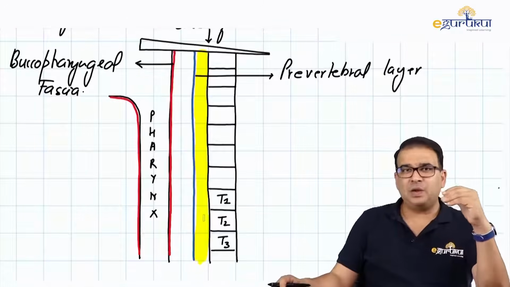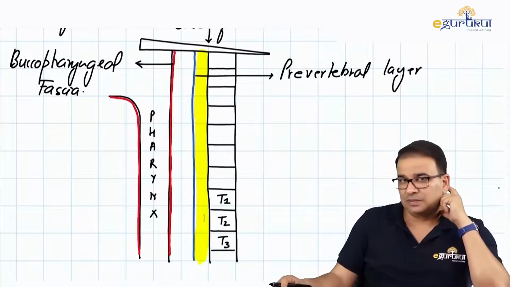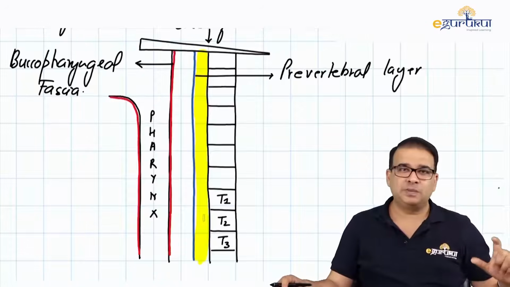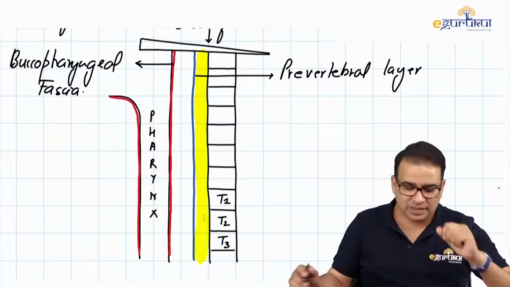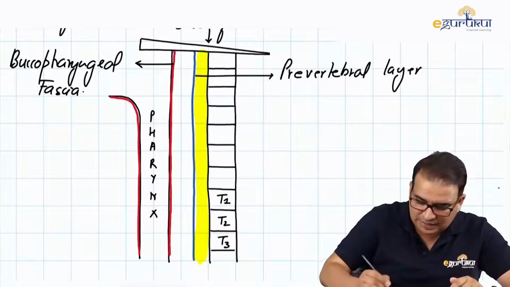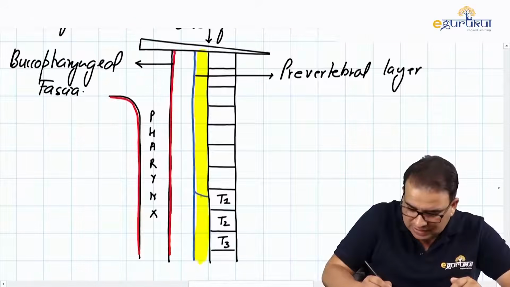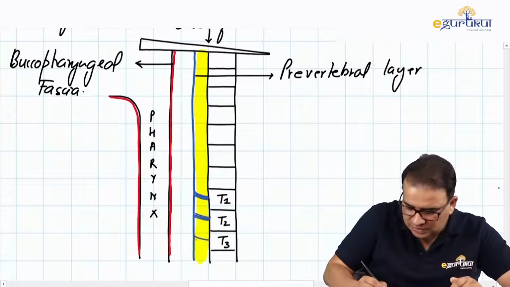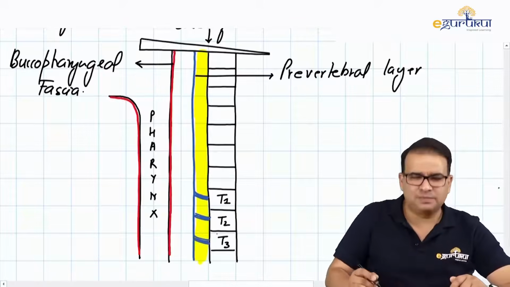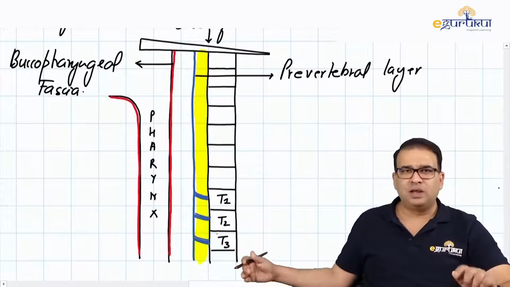But the point is, this prevertebral space of the cervical region is separated from the prevertebral space of the thoracic region. Reason: the prevertebral fascia gives off some extension which attaches to the anterior longitudinal ligament of T1, T2 as well as T3. Many basic books say that fascia extends till T4. Well, that's not right.